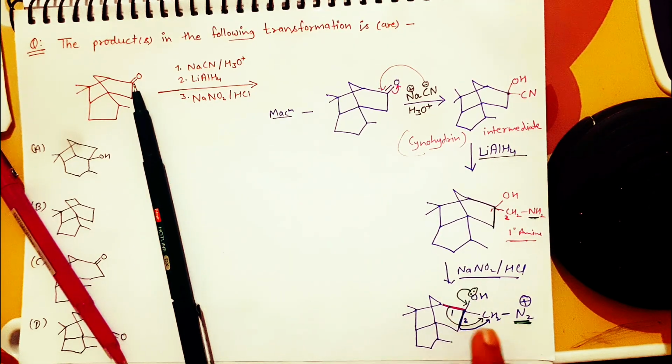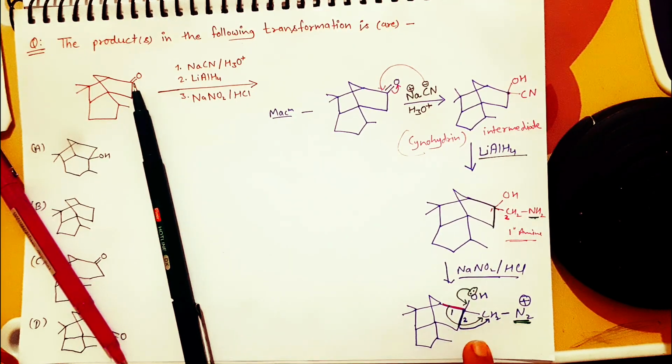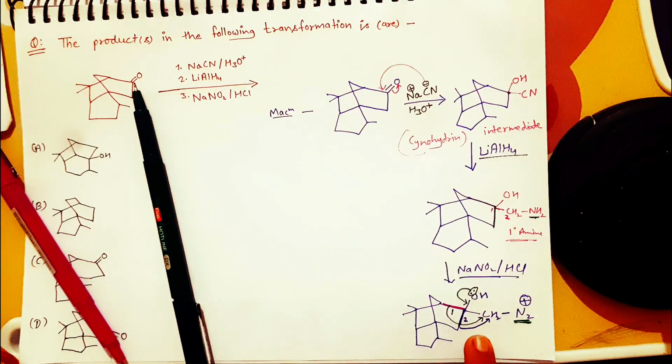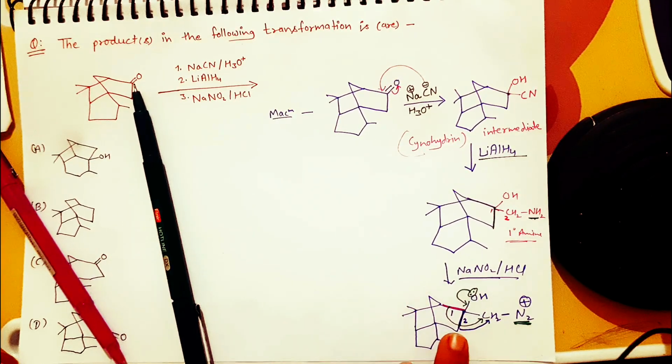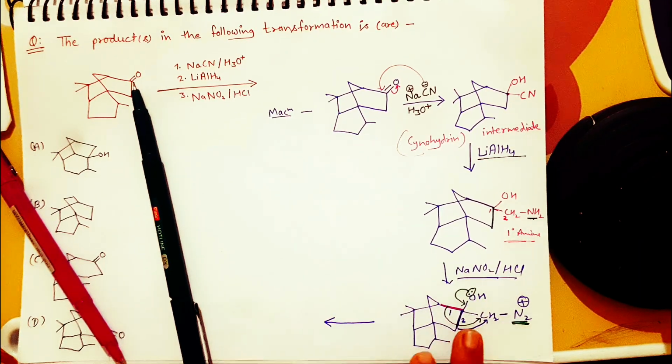Which bond will migrate? It depends on the migratory aptitude in the pinacol-pinacolone rearrangement. According to migratory aptitude, the anti-periplanar bond migrates to this carbon. So according to this scenario, this bond is anti-periplanar to this diazonium ion.